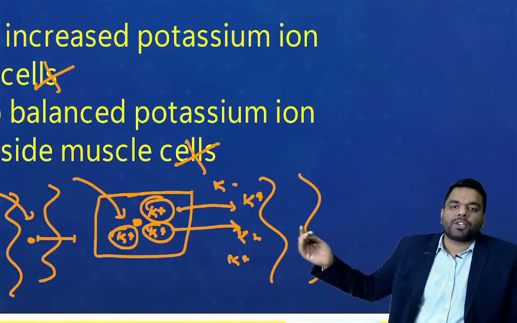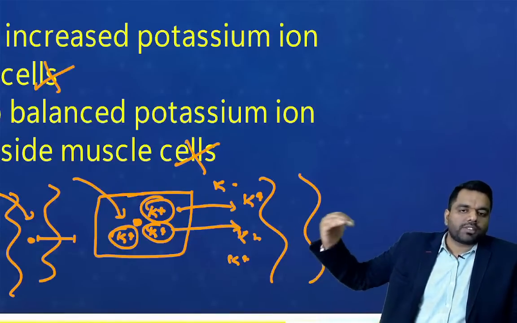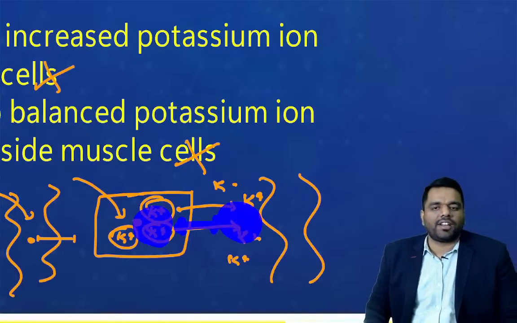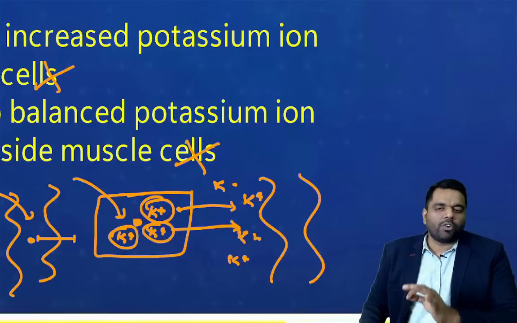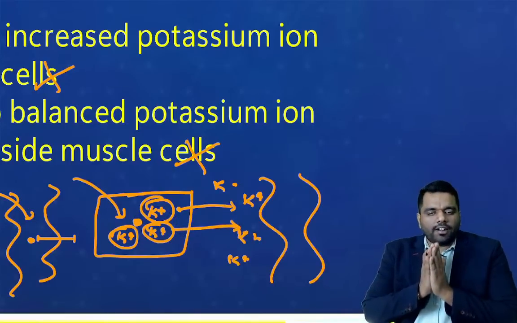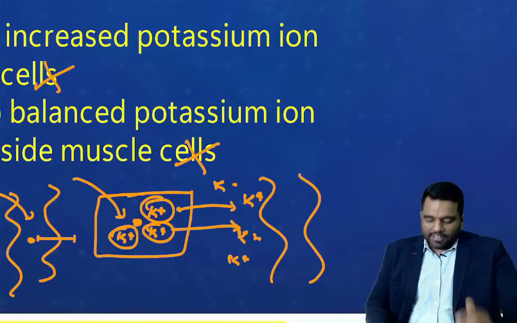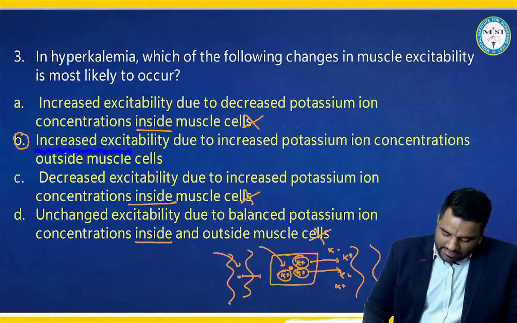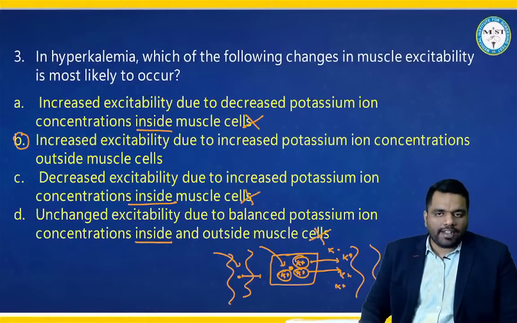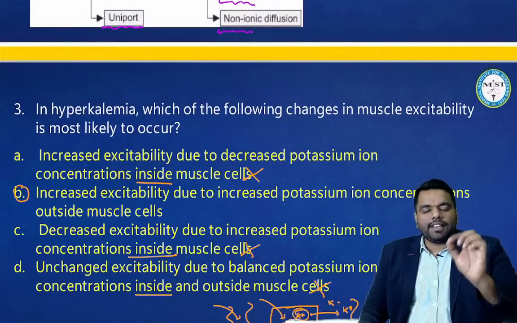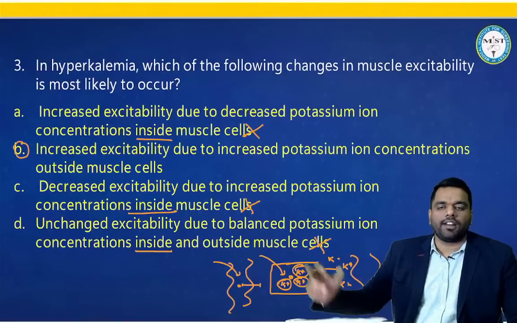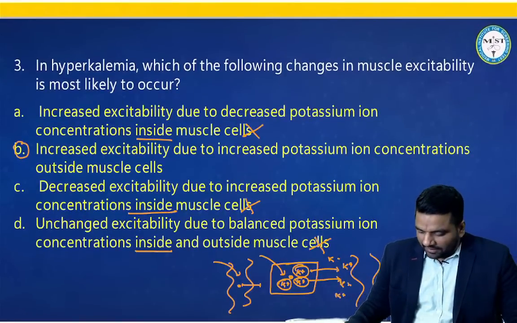So can this potassium move outside from the cell? No beta, because inside it is high and outside it is high. So it will become a balanced condition. Now this potassium cannot move outside and the cell will remain more positive. So that is why the excitability is going to be increased initially. So this is the right answer of this question: increased excitability due to increased potassium ion concentration outside of the muscle cell. Right, beta?